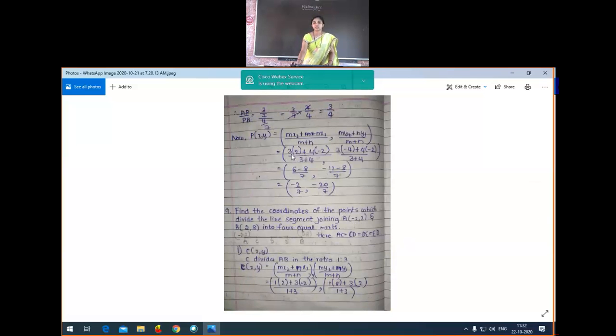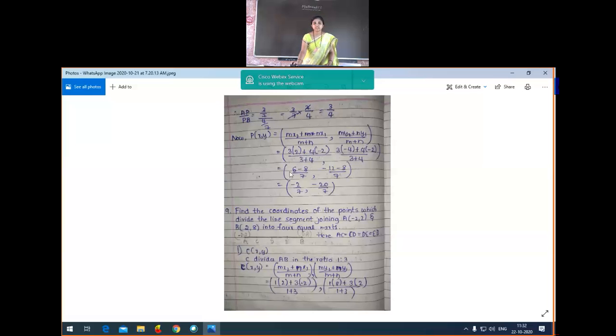The m value is 3, the x2 value is 2, plus 4 into the x1 value of minus 2, divided by 3 plus 4. Next, 3 into the y2 value of minus 4, plus 4 into the y1 value of minus 2, divided by 3 plus 4.